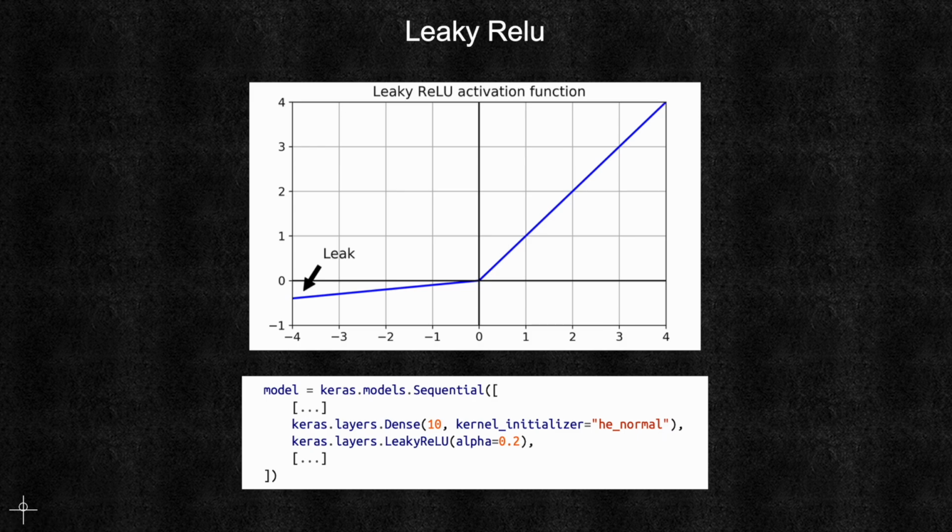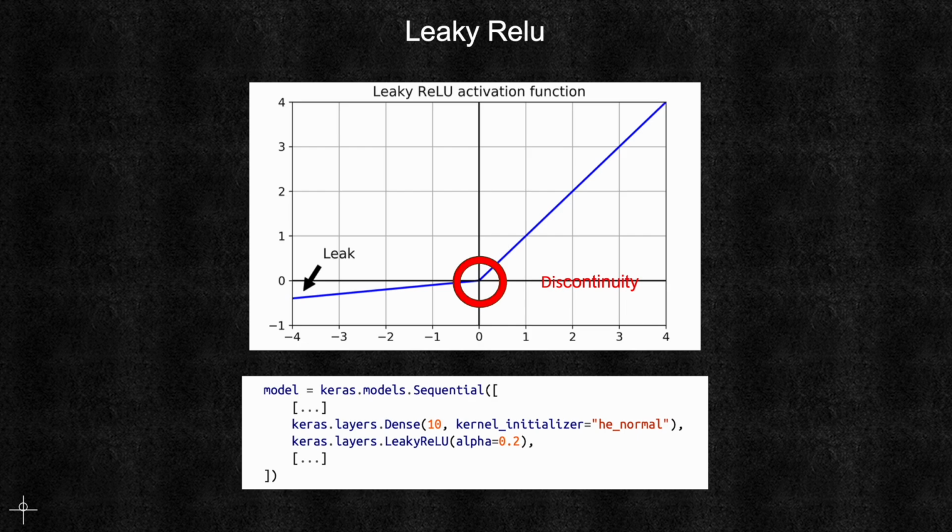The issue about leaky ReLU is that it is not a smooth function. This part of the derivative is different from this part. If the optimum accidentally falls very close to zero, this discontinuity can cause gradient descent to bounce around the optimum.